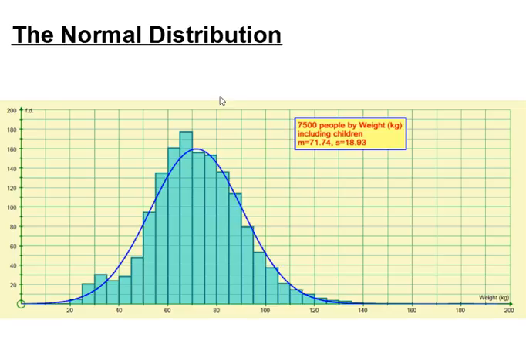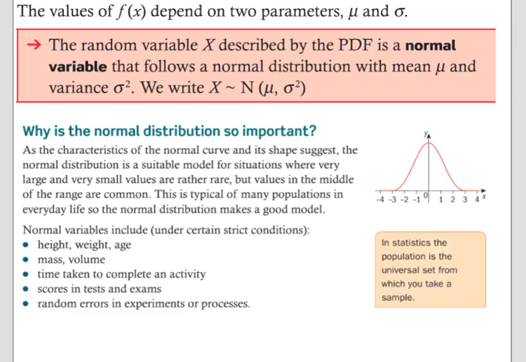The basic idea of the normal distribution is many of us lie in a kind of average zone here in the middle, and very few of us are at the extremities of a very large value of weight or a very small value of weight.